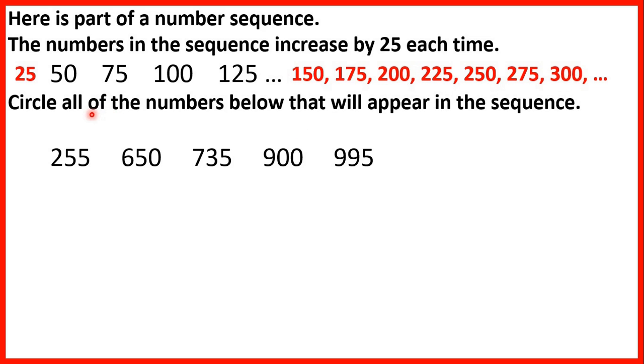So the numbers that we need to circle are 650 and 900. 650 ends in 50, so will be a multiple of 25, and 900 ends in 00, so that will be a multiple of 25 as well.